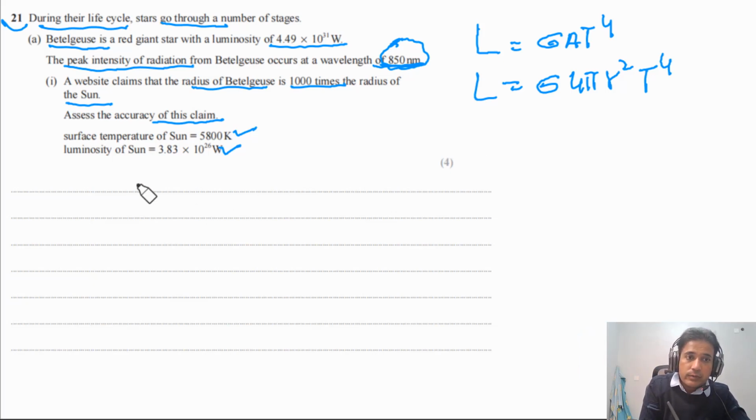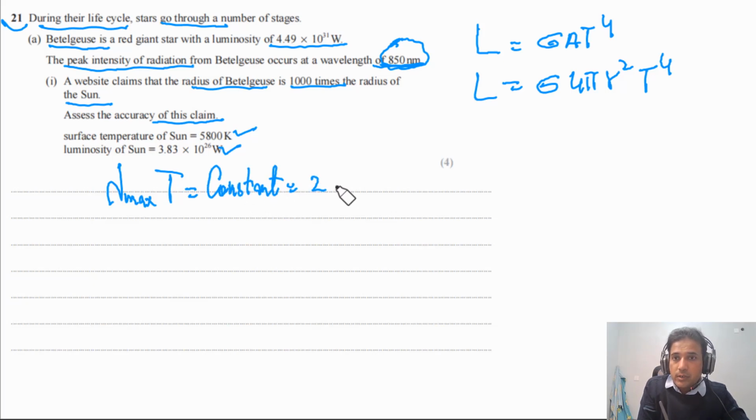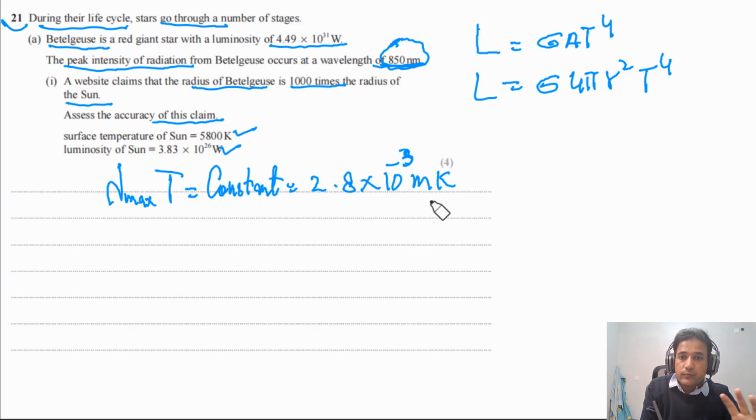We can say lambda max times T is equal to a constant, and the value of this constant is about 2.8 times 10 to the minus 3 meter Kelvin. This is the approximate value of the constant.